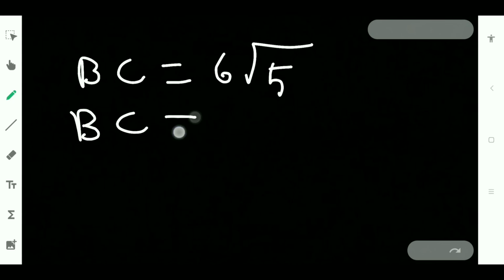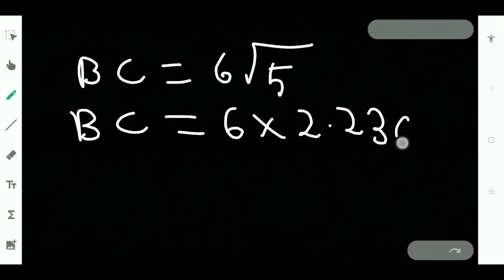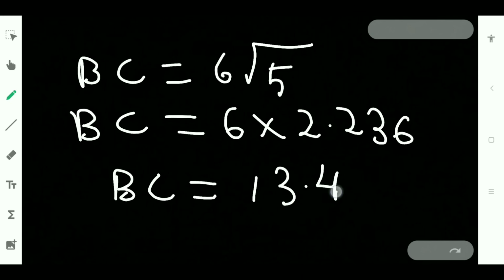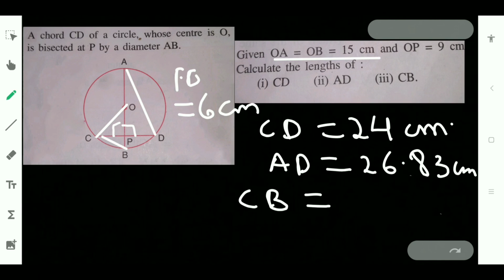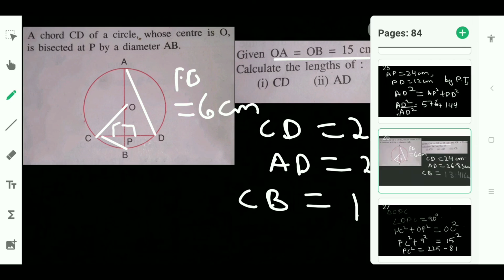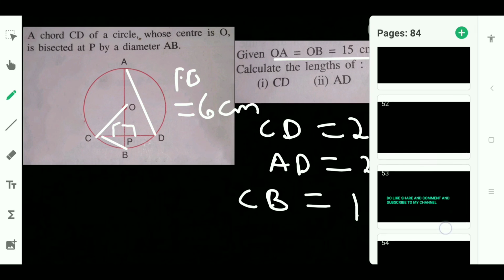Root 5 is 2.236, so when you multiply 6 by 2.236, your BC is equal to 13.416 centimeter. So we have solved all the problems given now.